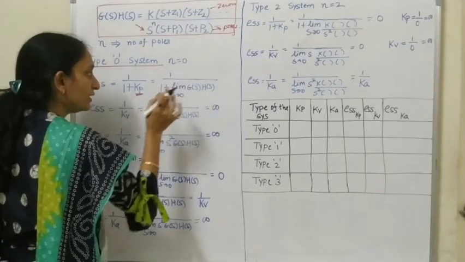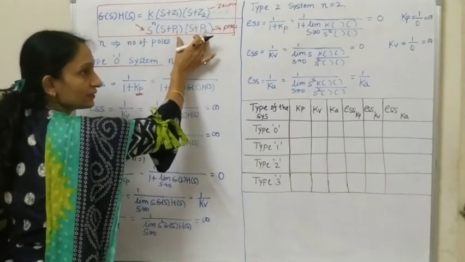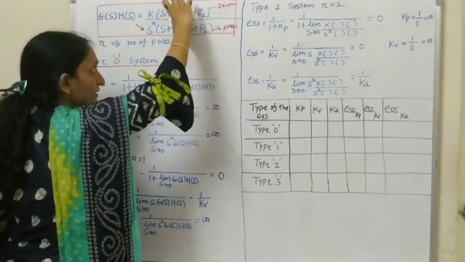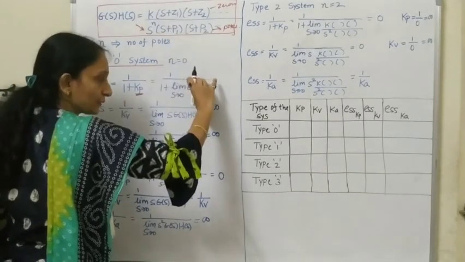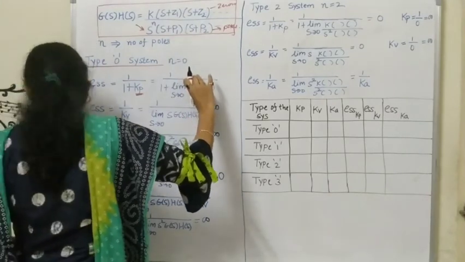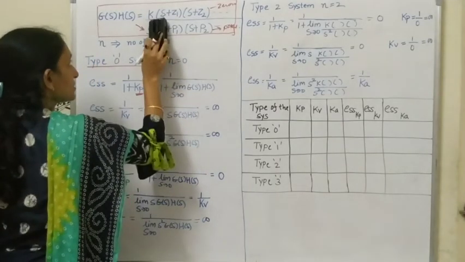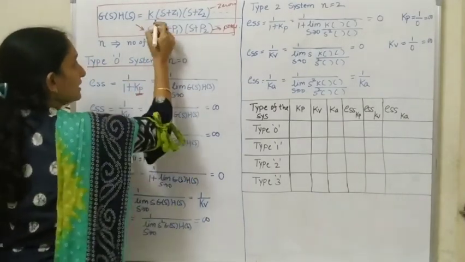Now see what we need to calculate. G(s)H(s) term is there, and I am substituting this transfer function here. For a type 0 system, I am just putting here n is equal to 0.